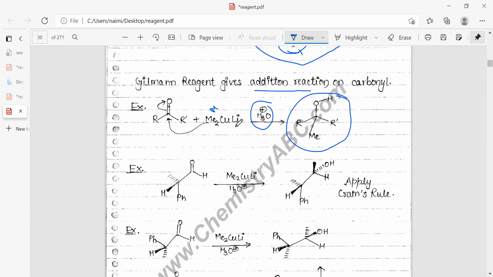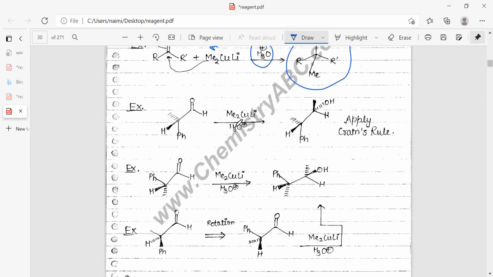Again, you can see this very important example. Here methyl acts as a nucleophile and will attack this carbonyl. After addition of methyl on the electrophilic site, meaning the carbon atom, it converts to this one, and one hydrogen is abstracted by this O minus.